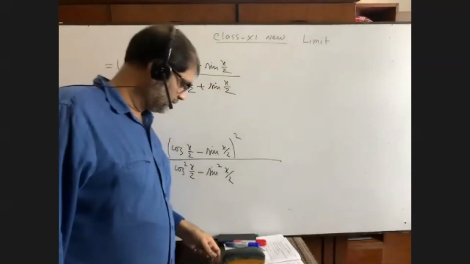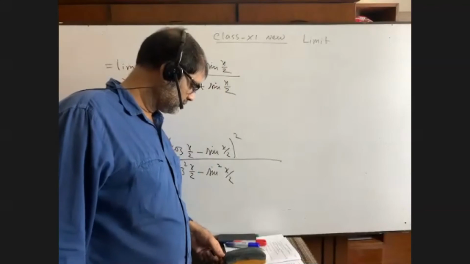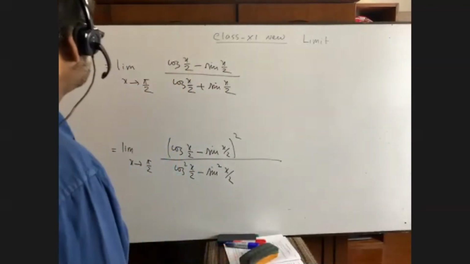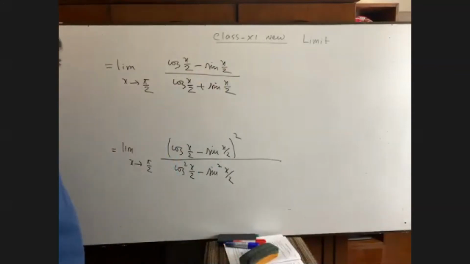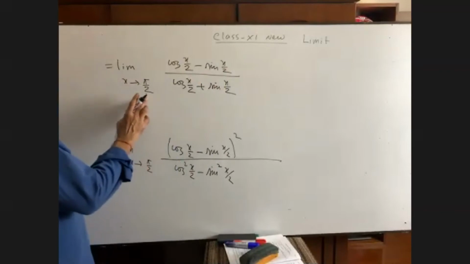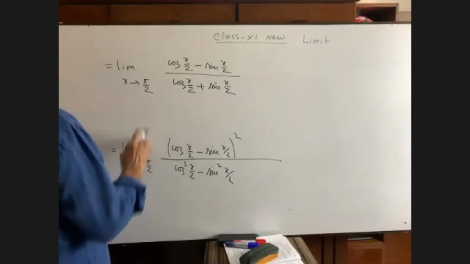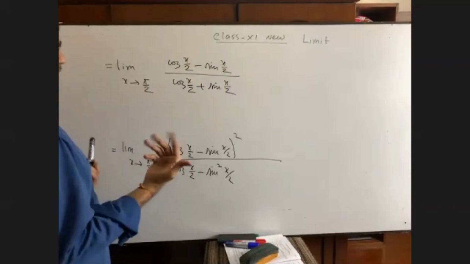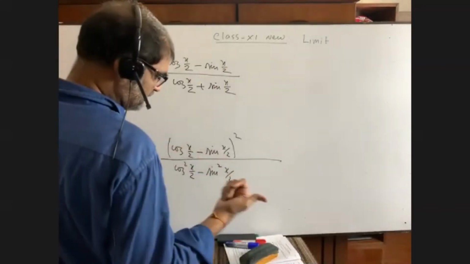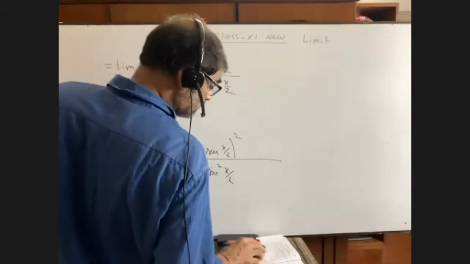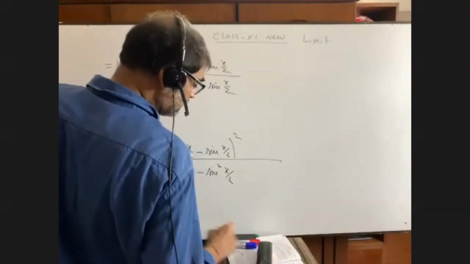Then can you tell me what is the value here? But I am not getting it. It is 0, written. What is the value of x equals to pi by 2, right? The answer is 0 here. For question number 3, the answer is 0.